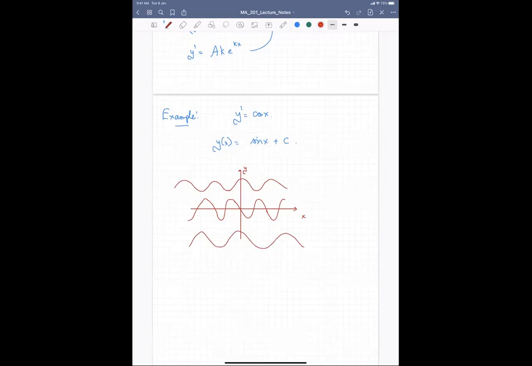So in such cases, we talk about a family of solution curves. By fixing c to various numbers, you get a whole family of solutions. There is no sense in saying the first one is the solution and the second one is not, because all of them satisfy the differential equation.